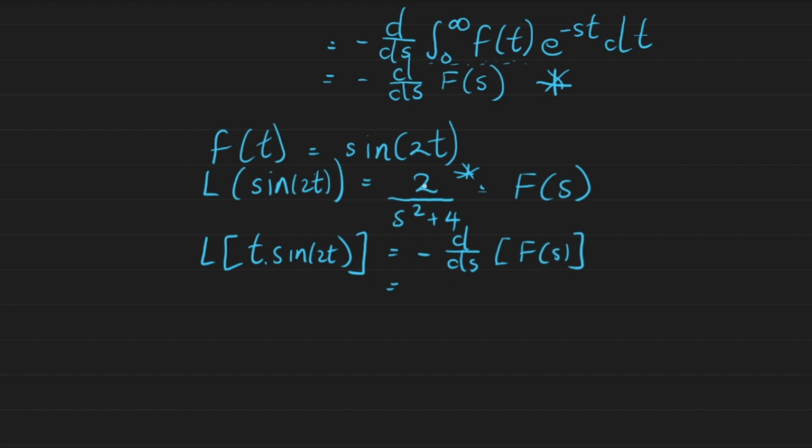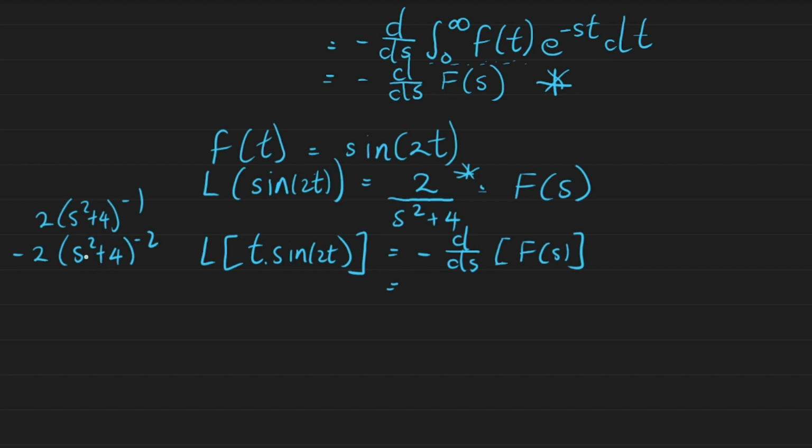So the derivative of 2 over s squared plus 4. We have to use the chain rule here. Firstly, s squared plus 4 is to the minus 1. Let's write it on the side. We have 2 times s squared plus 4 to the minus 1. I bring the minus 1 to the front, so I have minus 2 times s squared plus 4 to the minus 2.